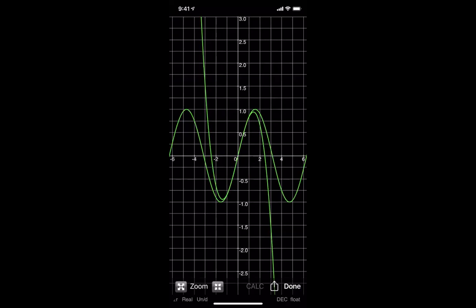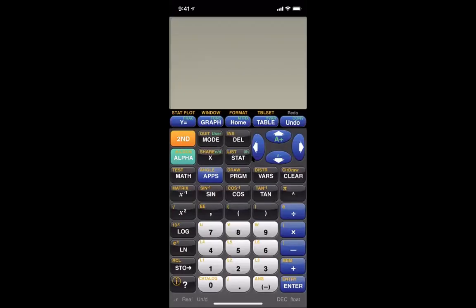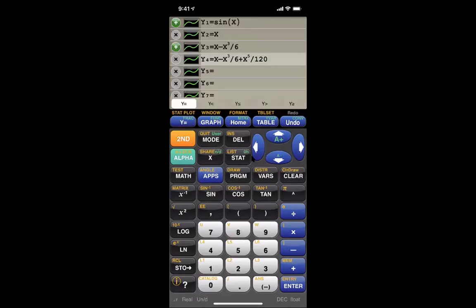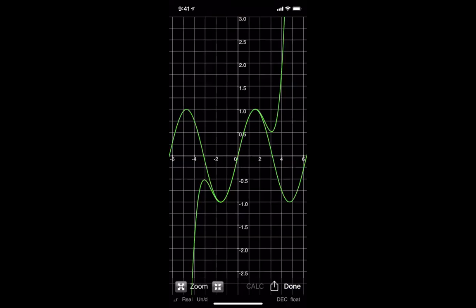And finally, if I go back into the Y equals screen and turn off Y3 and turn on Y4, now we're going to have a fifth degree polynomial, which does an even better job of approximating the function Y equals sine x from practically x equals -2 to x equals 2.